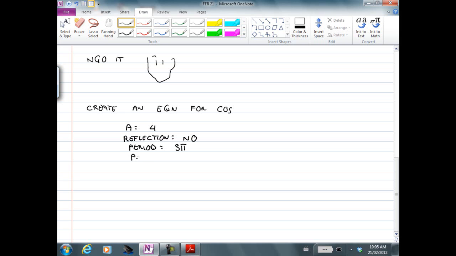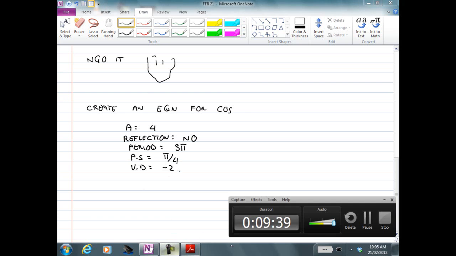My phase shift will be pi/4, which is pi/4 to the right. My vertical displacement will be -2. I'm going to pause it and let you figure this out on your own. What equation has all these properties working backward this time?